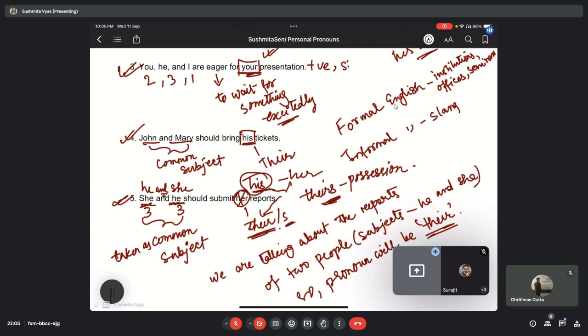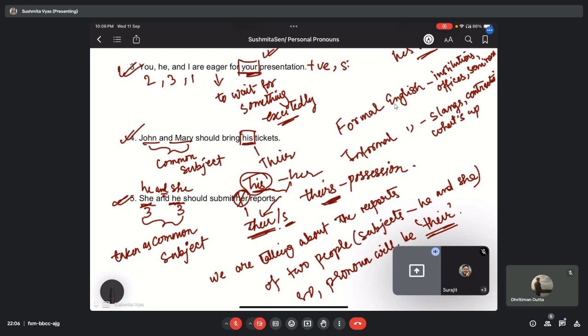Now, like we use slangs, then we use contractions. है ना? We say na what's up and all that. So formal English में you cannot tell your professor na hey what's up, right? You will say hey how are you doing? So remember formal English में yes professor को you can't say hey what's up. They'll be like come to my office. I need to talk to you.